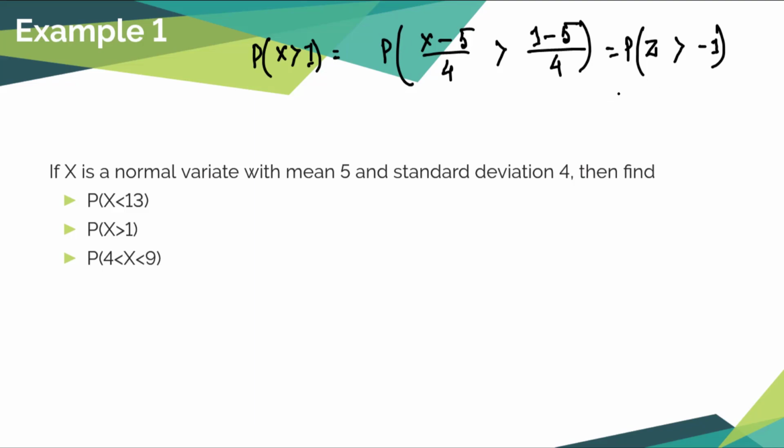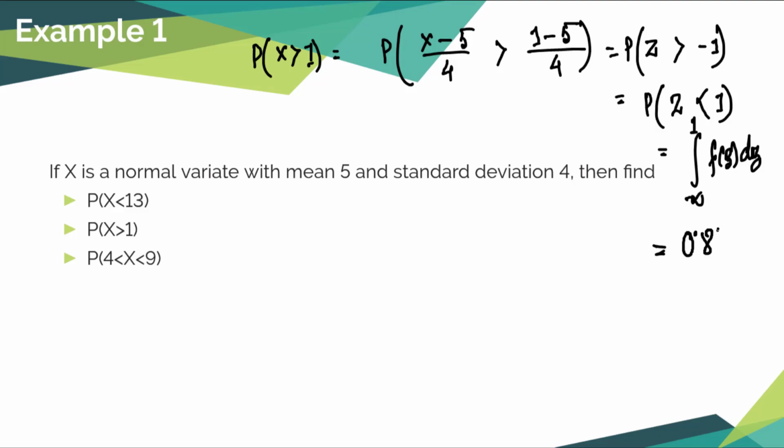So this can be written as probability of Z less than 1, by symmetry. This is the integration from minus infinity to 1 of f(z) dz. Now we get the value of this integration from the table, and the value is 0.8413. So this is the solution of our second question.